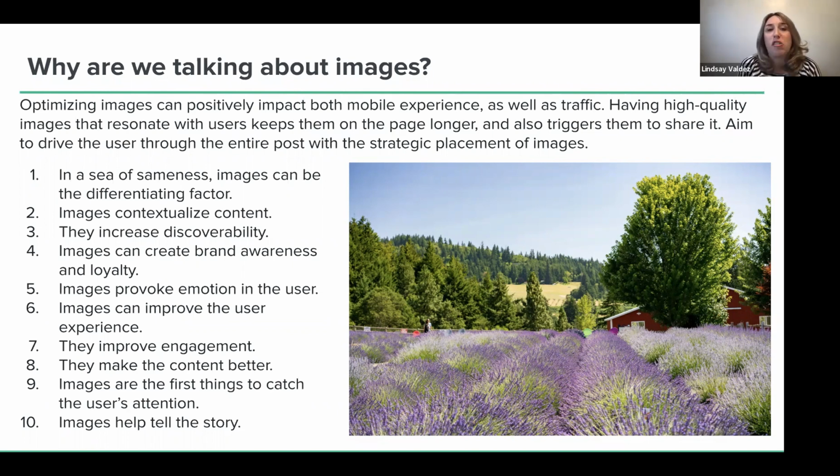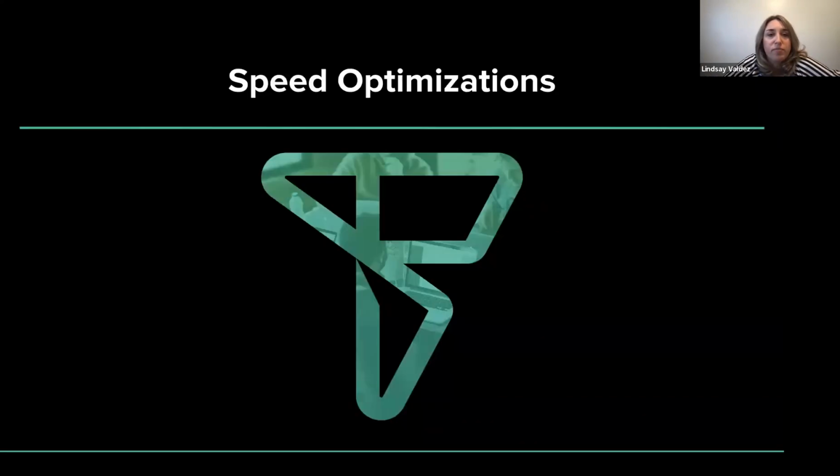If you're sharing information a lot, having a logo and things like that on images can help increase your brand awareness. They can provoke emotion and increase engagement. As you're scrolling down the web page, images help keep the user interested. They help tell the story.